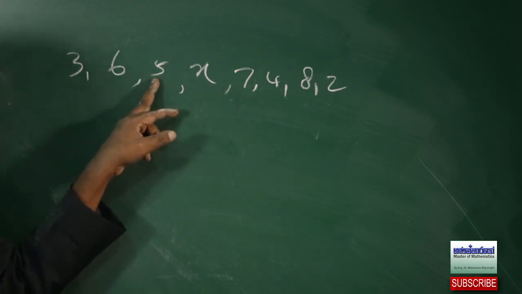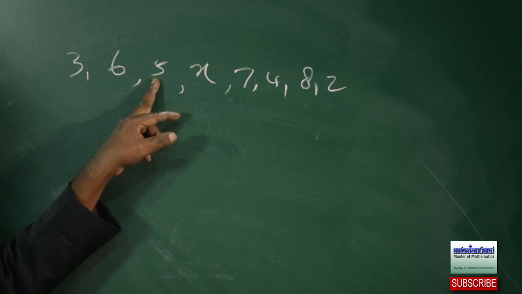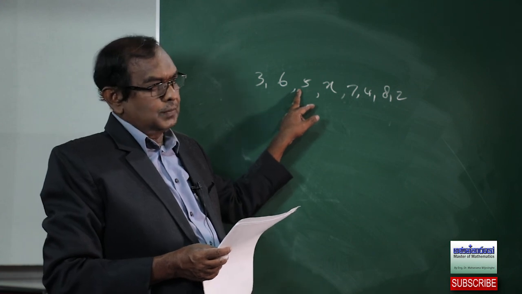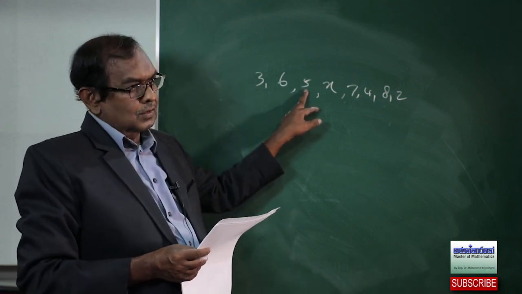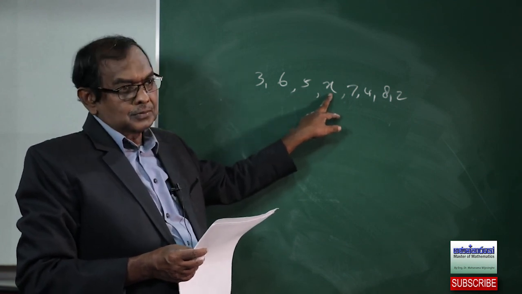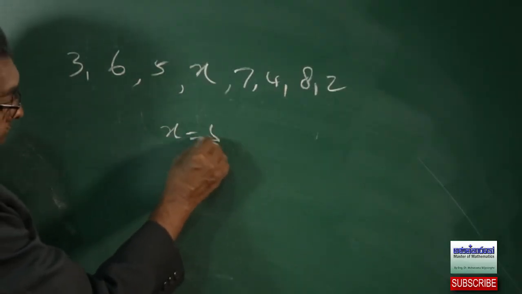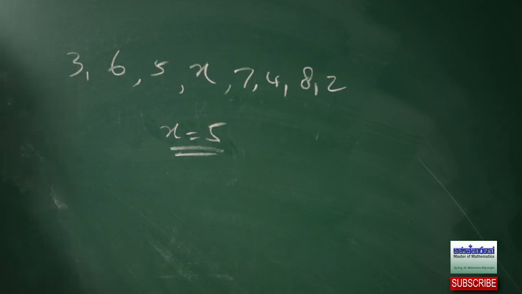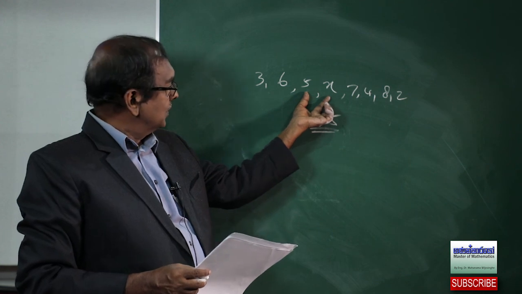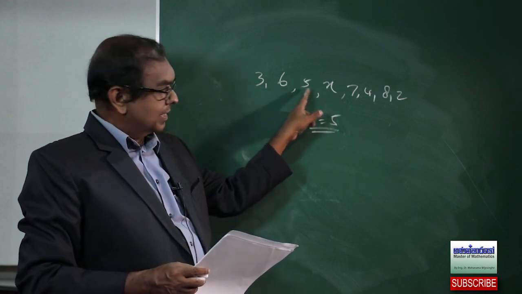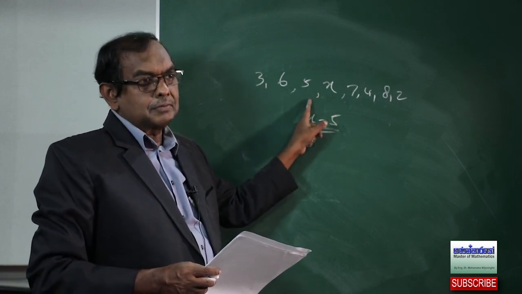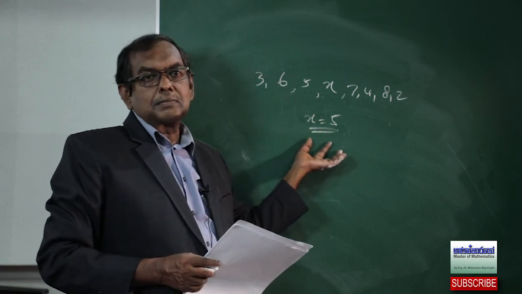For 5 to be the mode, it should appear at least 2 times, so x should be 5. Therefore, the answer for x is 5. Mode is the maximum representation, the maximum frequency. If the mode is 5, definitely x should be 5. Then there are two 5s here, so the mode is 5. This is the answer, x equals 5.